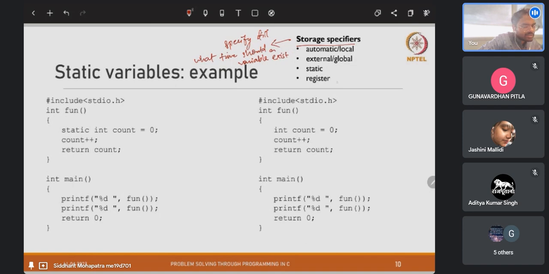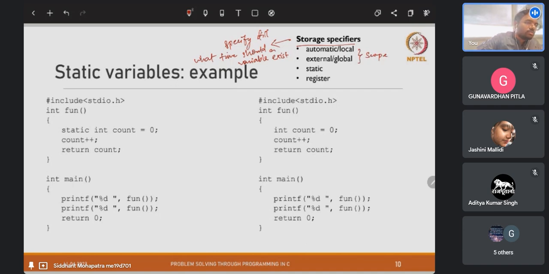static; and register. Local and global are more related to the scope. If we are defining a variable which is local to the function, it will stay until that function call is over. Once the function call is over, the variable is destroyed. And a global variable is available to all the functions, so it stays.